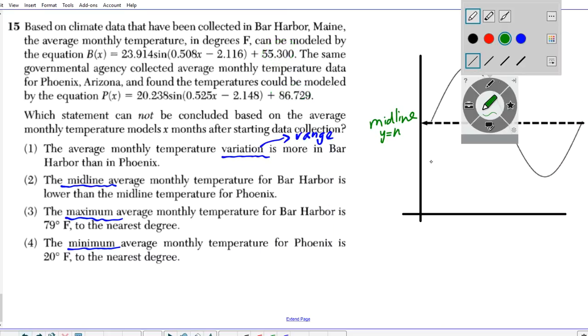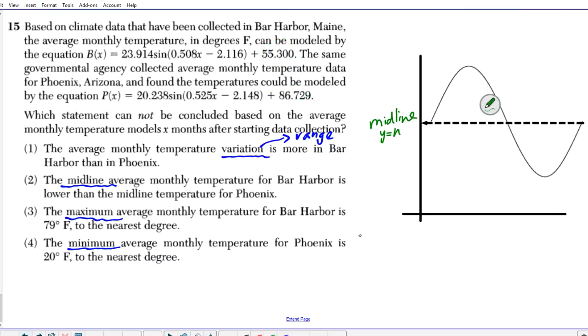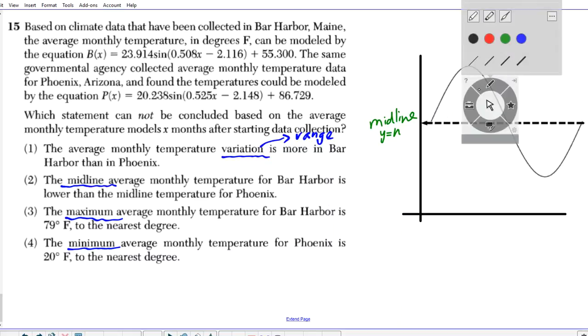All right. Next thing to note is the maximum and the minimum. That one is pretty straightforward. The maximum is the high point, and the minimum is a low point. So let's go ahead and indicate that real quick.